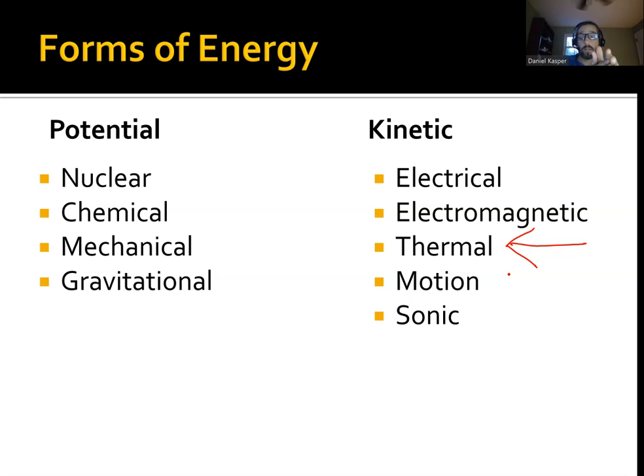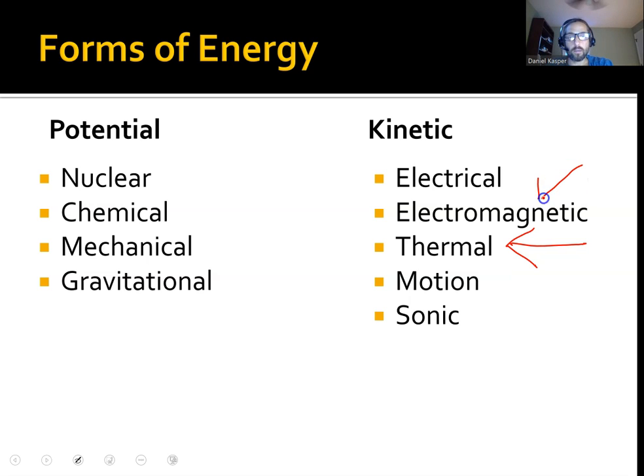The cold sensation that you feel is actually the thermal energy from your hand being physically transferred to the water bottle. Whichever substance is warmer is going to transfer some of that thermal energy to the other substance. So thermal, again, is the vibrating molecules.